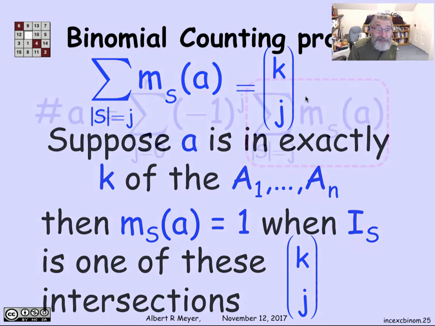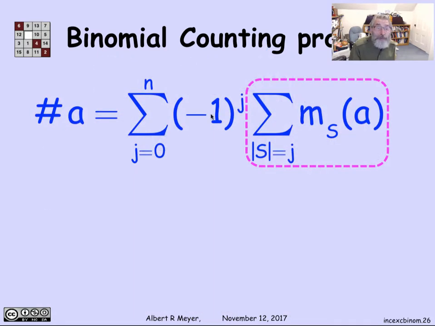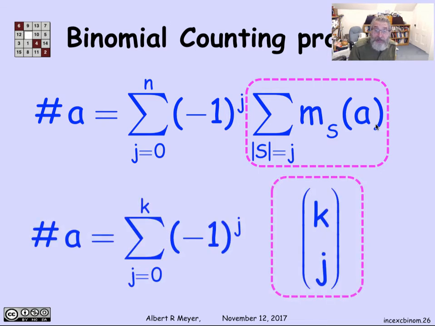And now we're practically finished, because remember we were working on this formula that told me the number of times that a was counted in the sum, and it involved this summing over all the sets of size j of m sub s of a. And now I know that this piece of the formula is simply k choose j for the a that by hypothesis is in k of the sets that we're intersecting.